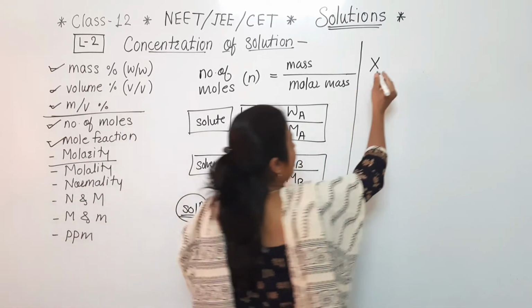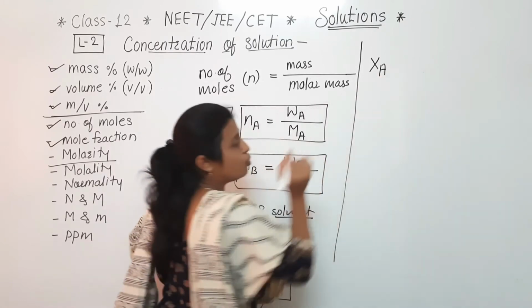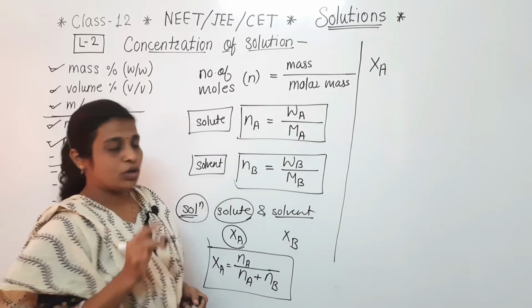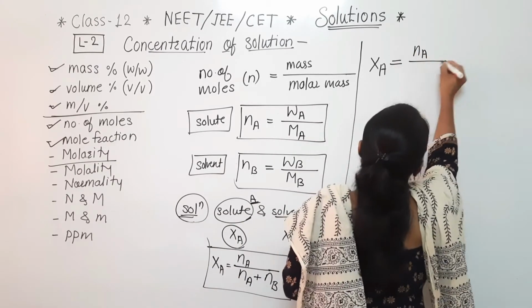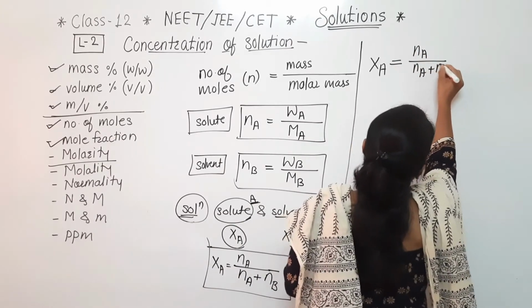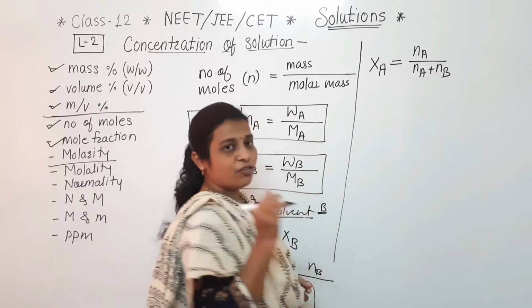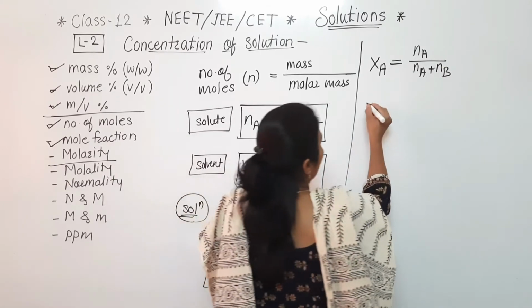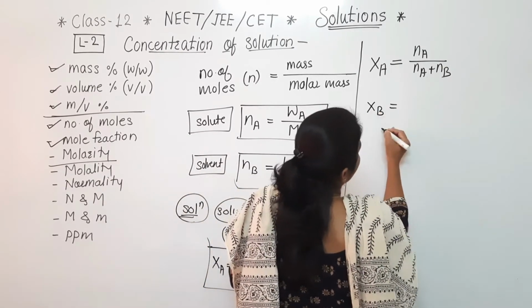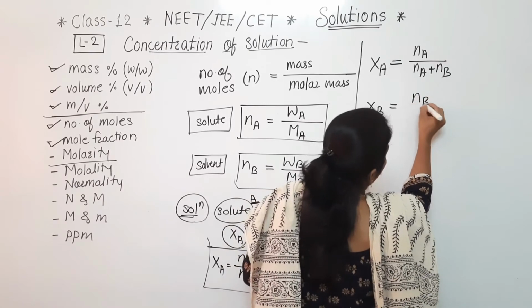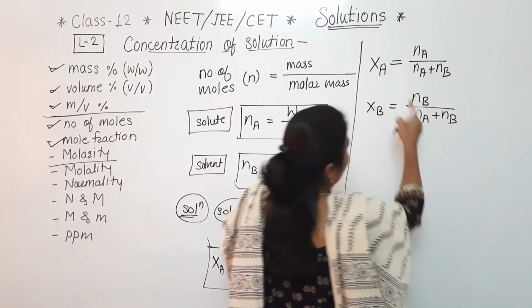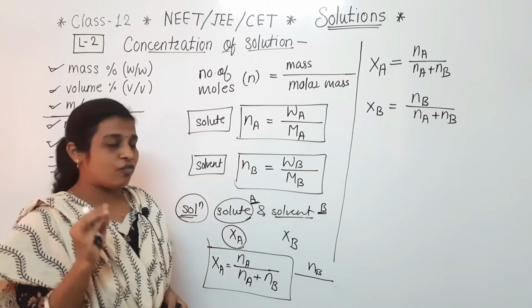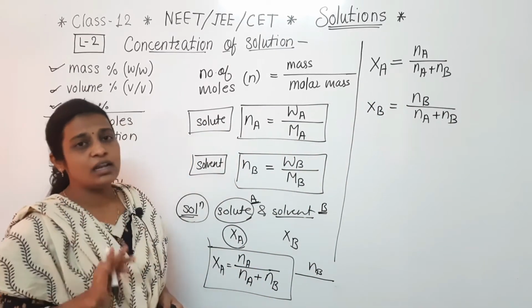Mole fraction of solute is equal to Na divided by Na plus Nb. Mole fraction of solvent is Nb divided by Na plus Nb. So here we have completed the mole fraction formulas for the solute and solvent.